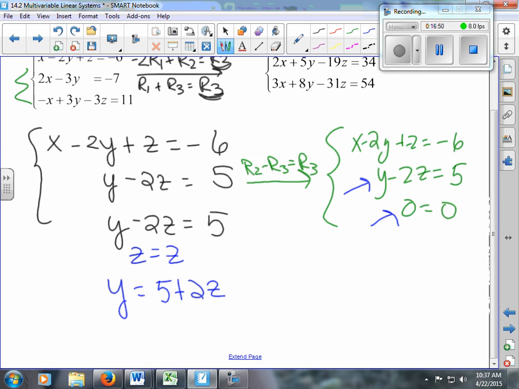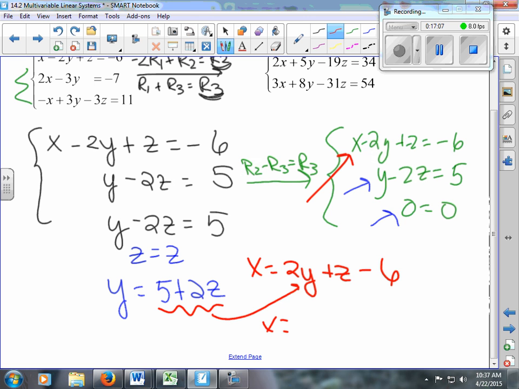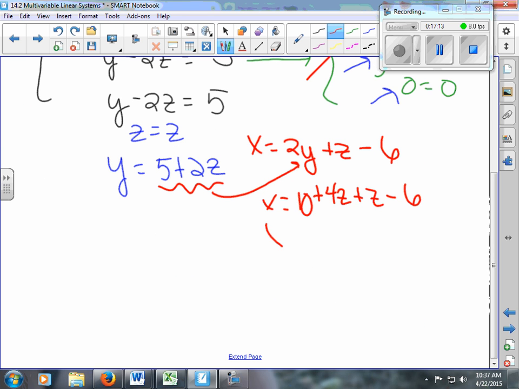And then I'm going to now use the top equation, x, and solve for x. So x will equal 2y plus z minus 6. But remember, y is 5 plus 2z. So x will equal 10 plus 4z plus z minus 6, or 4 plus 5z.